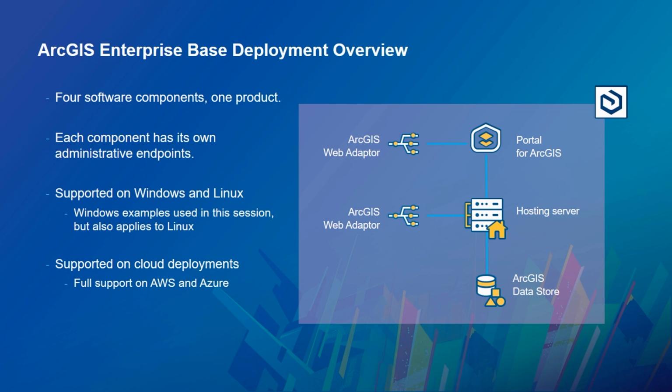Each of them has its own endpoints for administrative operations. The full ArcGIS Enterprise base deployment is supported on both Windows and Linux. We're going to be going through Windows examples within this presentation, but everything does apply to Linux with obvious differences of the operating system. And as he mentioned again, there's full support for AWS and Azure deployments.